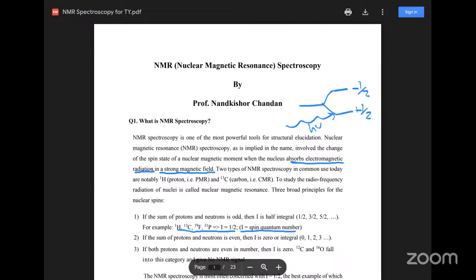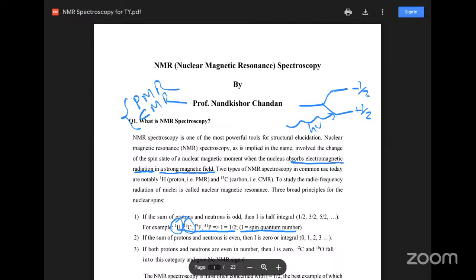In fact, the proton is targeted here, so we call it PMR, proton magnetic resonance. If it is carbon, then we call it CMR. Mostly, these two techniques are the most powerful for studying NMR spectroscopy.